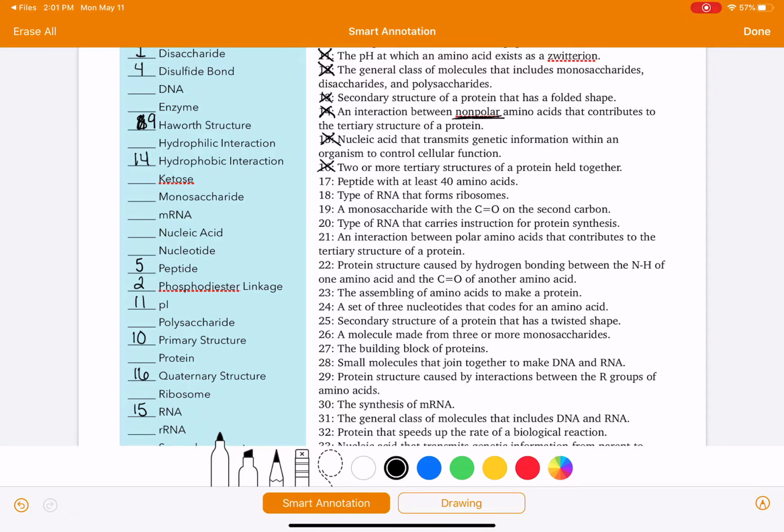A peptide with at least 40 amino acids, that will be our proteins. 17. Type of RNA that forms ribosomes is rRNA. A monosaccharide with carbon-oxygen double bond on the second carbon chain is the ketose. RNA that carries instructions for protein synthesis is mRNA.